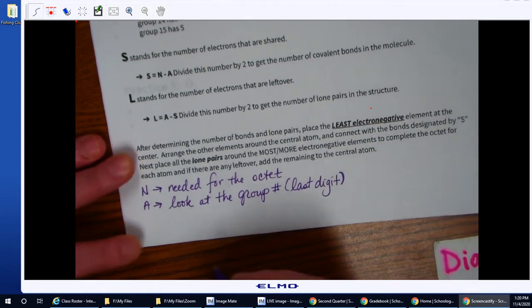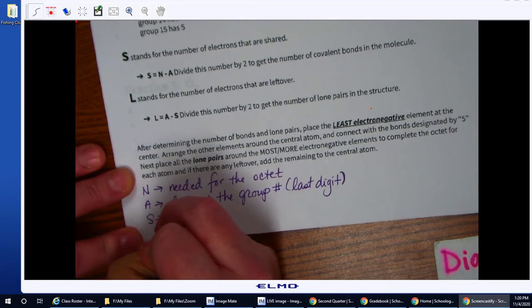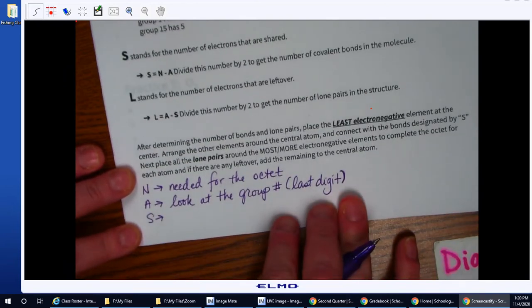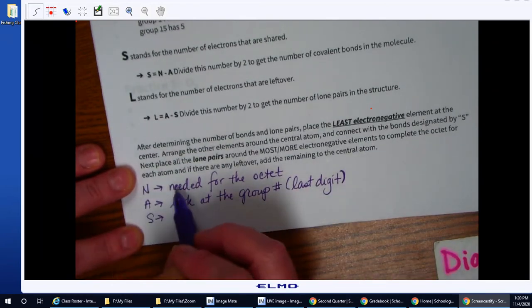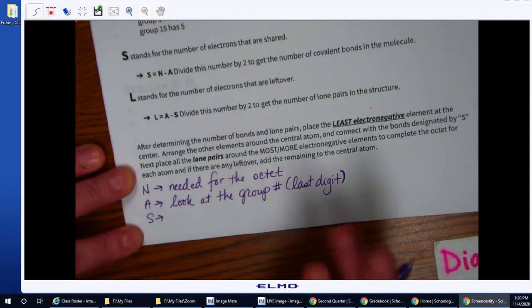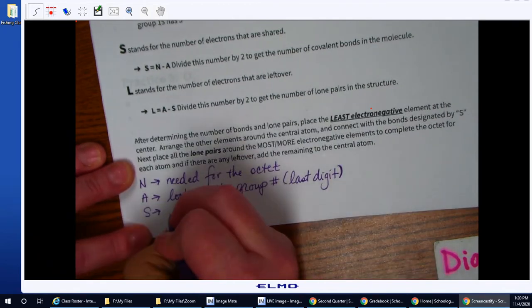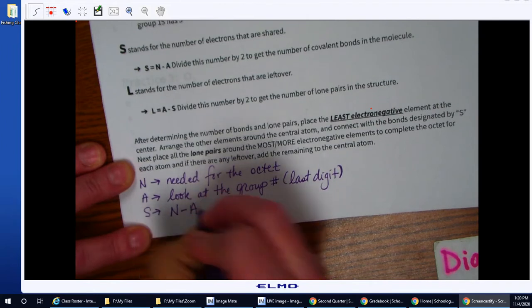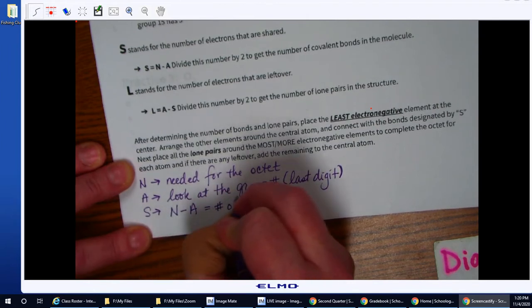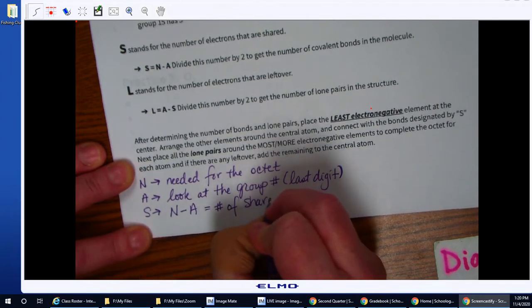Now S, you're basically going to subtract. So N minus A. So needed minus actual will tell you how many they have to share. So N minus A equals number of shared.